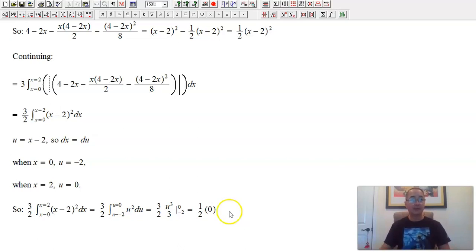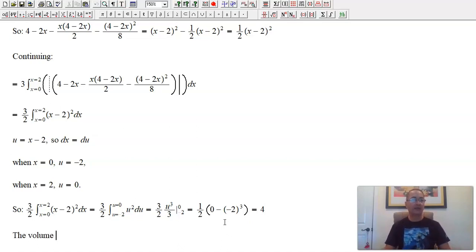When we plug in the endpoints, 0 will stay 0, but the -2 will become -2 cubed, minus -2 cubed. So that will turn out to be plus. So that's a -8. 8 divided by 2, we're going to get 4. So that's our final answer.